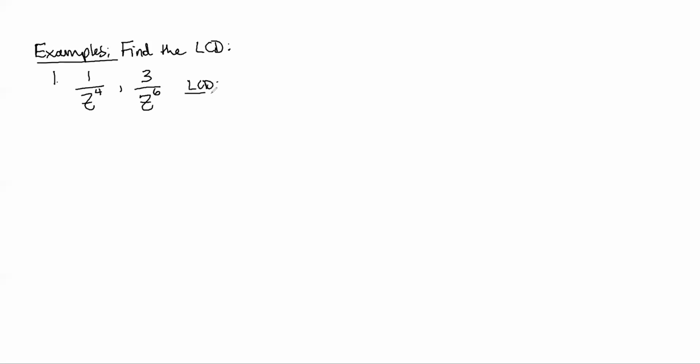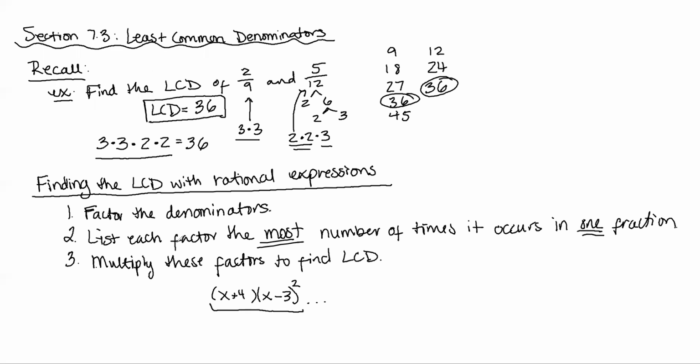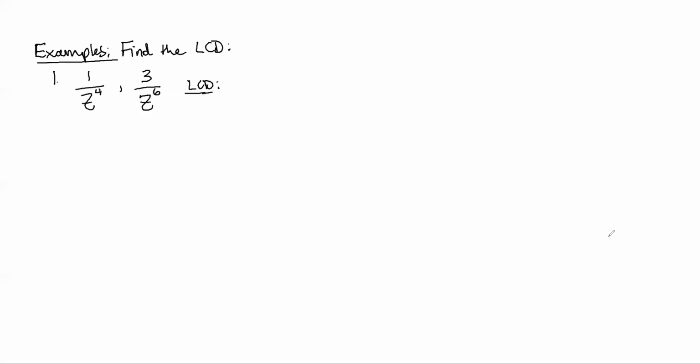So there's no factoring we can do because we only have a single term on the bottom of each of these fractions. Now we want to move on to step 2, which said to list each factor the most number of times it occurs in one fraction. So our different factors here, we actually only have one. We have a z that appears in the first and second fraction.